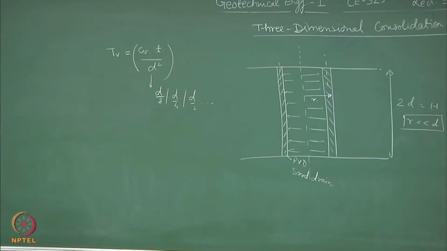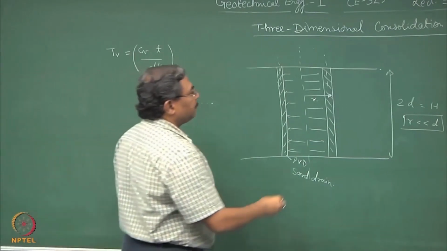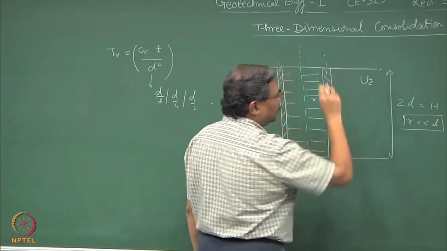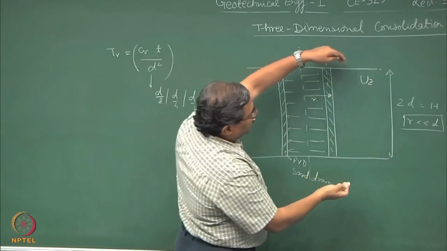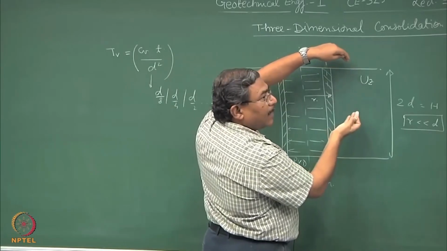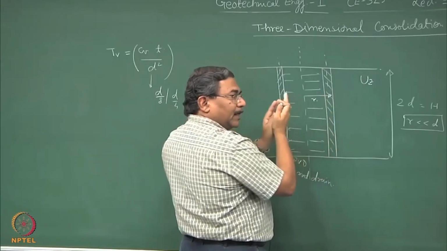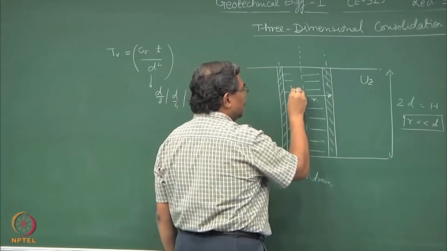But what we have done in the meantime is, earlier we were talking about the UZ, that this consolidation which is taking place in the vertical direction. Now, there is another component of the consolidation which is taking place in the radial direction. So, this is UR.